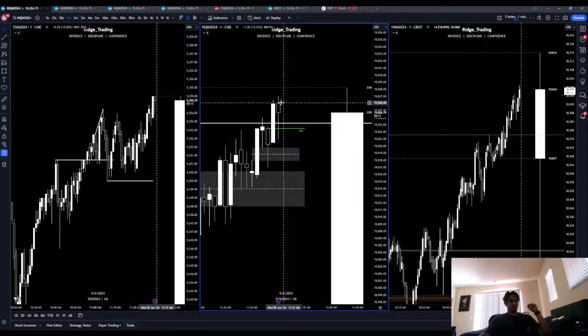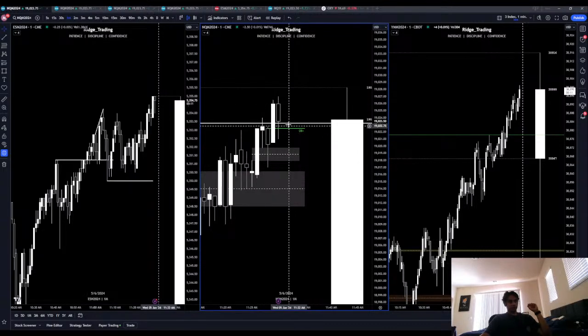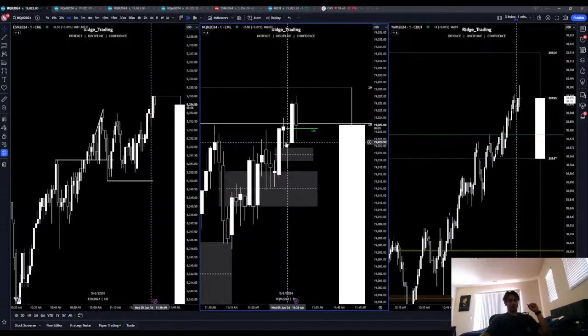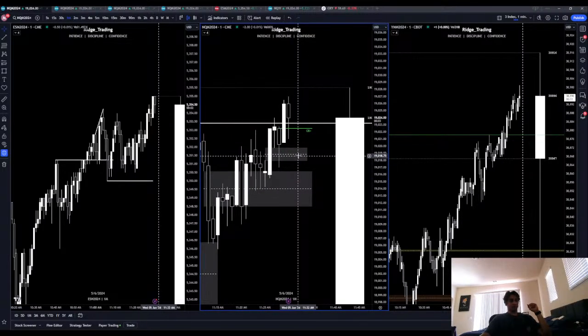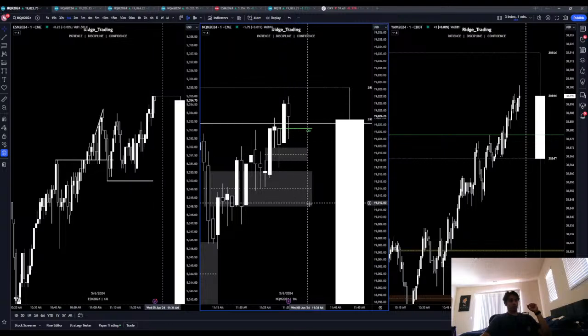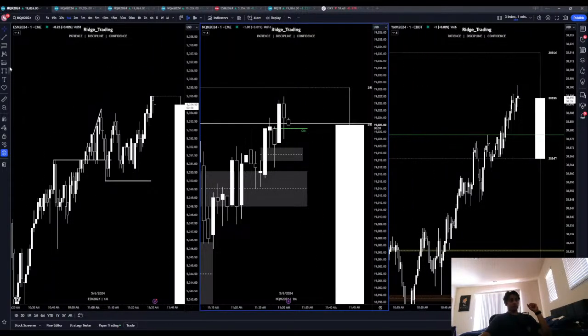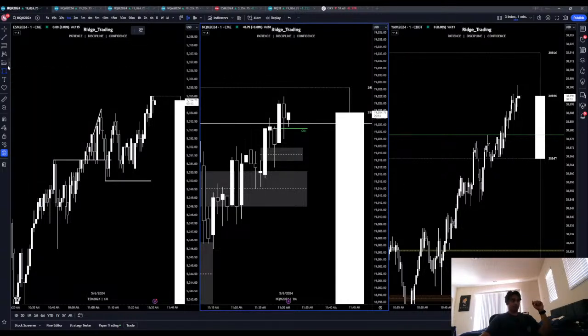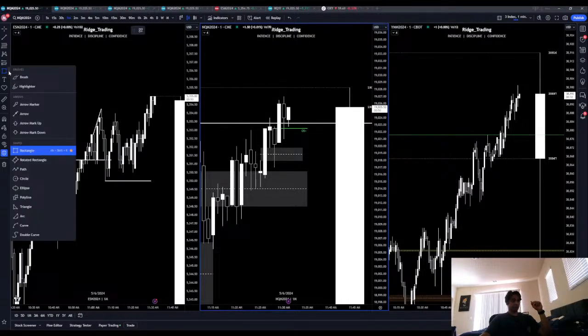And if this doesn't hold, then that shows a pretty clear shift in order flow, because if it wants to go higher on the small time frames, it should hold this order block or this FVG. So if we get under both of these right here, then most of the time we should continue lower, or get at least some sort of reversal lower for small time frames.